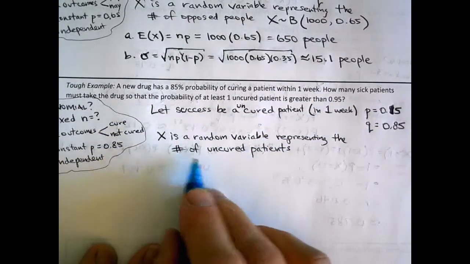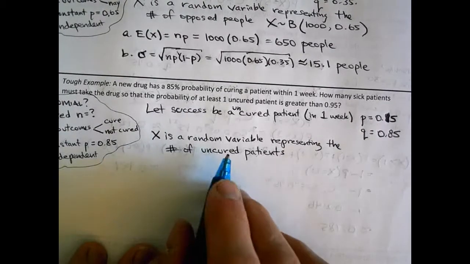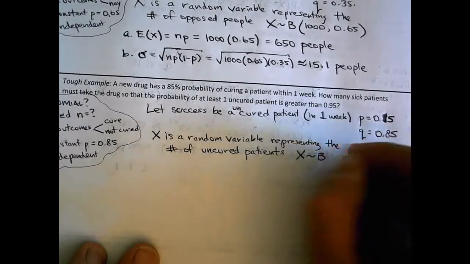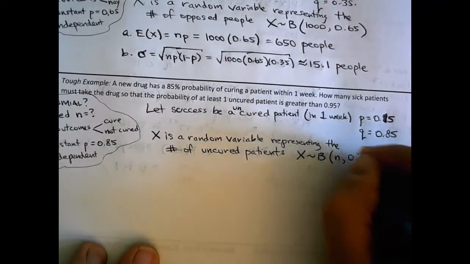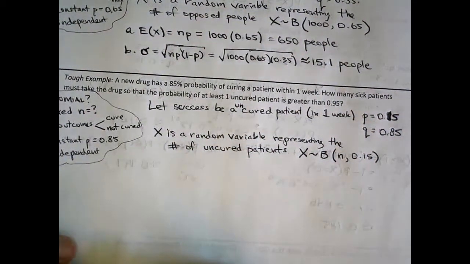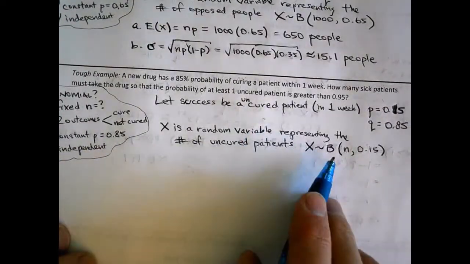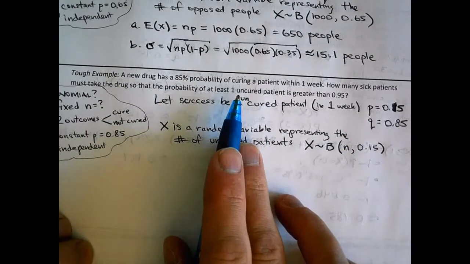We're going to formulate the question so we're defining success as someone who doesn't get better, which you'll see how this is useful. So X follows a binomial distribution. I don't know how many people, but I know the probability of success is 15%. So this question is asking, again, how many people do I have to test to ensure that I get one patient who doesn't get better?